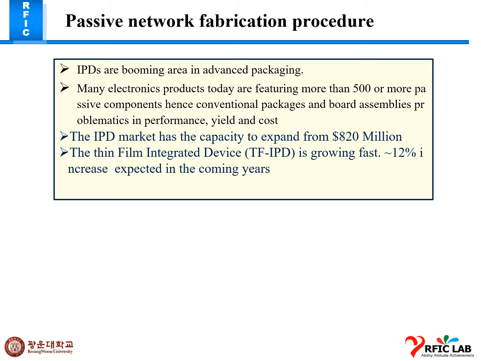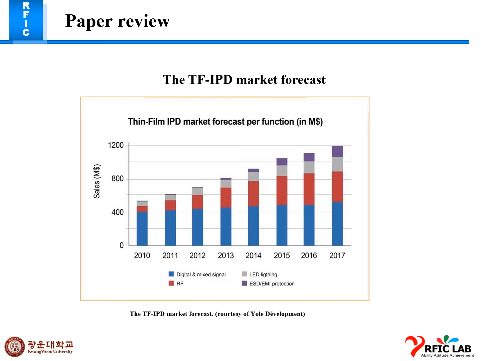The thin film integrated passive device, or TF IPD, is growing faster at a rate of 12% increase expected in the coming years. This is the illustration of the market focus of the IPDs from 2010 to 2017, courtesy of Yole Developpement.